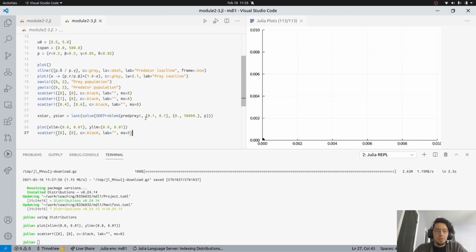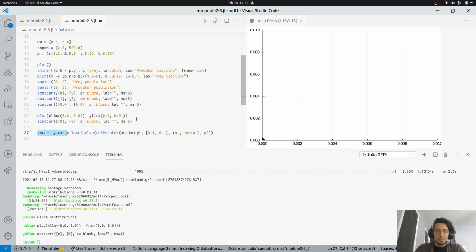So we'll do essentially the same thing that we've done before, which is to have a look at different simulations. So we know the equilibrium is 0 here.